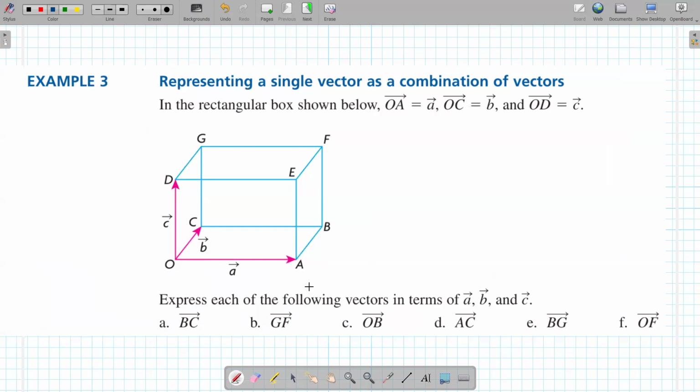Alrighty, so let's look at BC. BC is here, this way. How can we express BC in terms of A, B, or C? Which one is it most similar to?